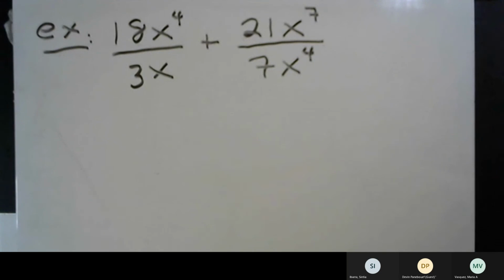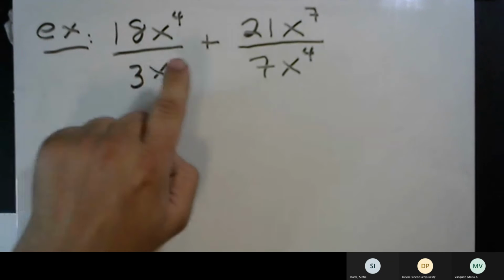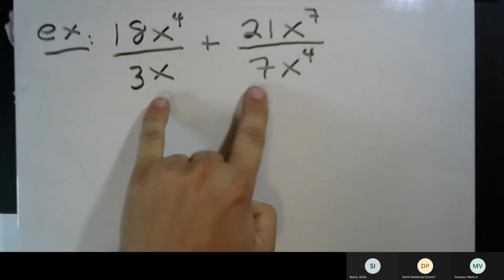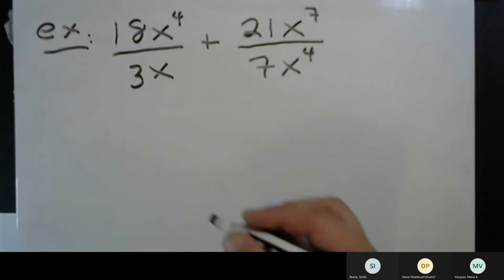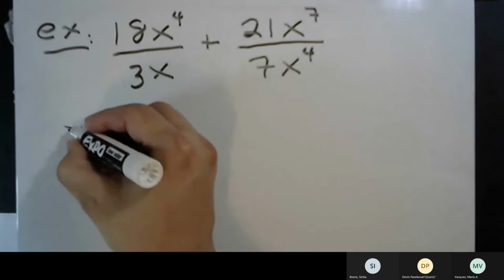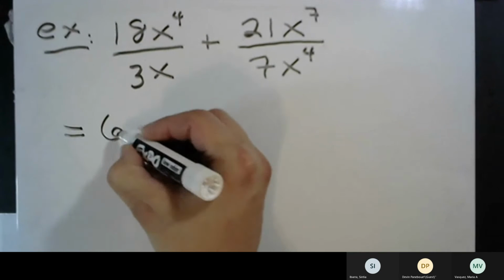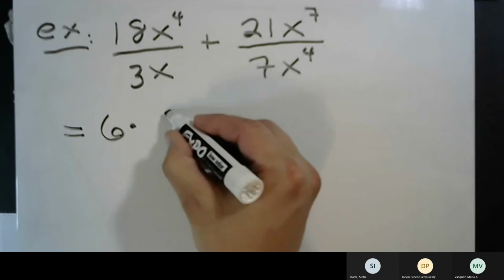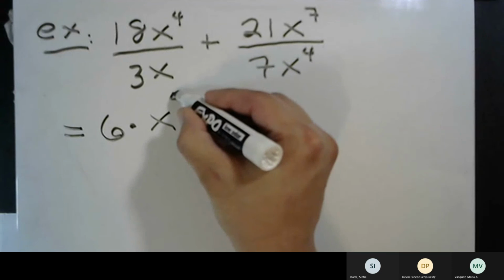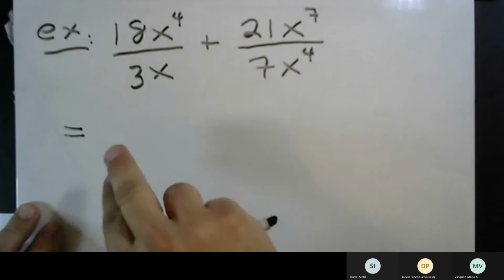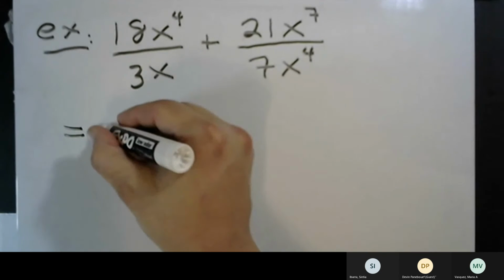All right. Now for something like this, we've got monomial division, addition, and monomial division. Just like with PEMDAS, we're going to do the division first. So 18 over 3 is 6 times x to the 4 minus 1. I'm going to skip some steps here. Well, here, I won't skip the steps. I'll keep them all in here.